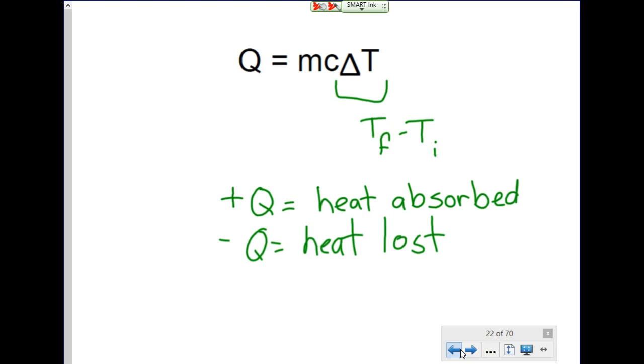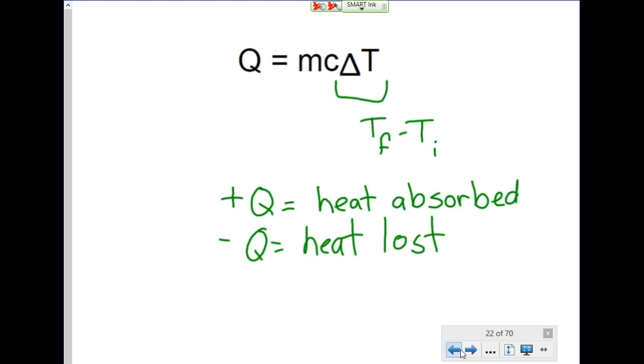C values, for the most part in this class, we're going to be using joules per gram degrees Celsius because we generally use the mass in grams in our lab. However, be aware that if we were working with industrial level applications, we would be using kilograms because we would be using much larger quantities of substances.